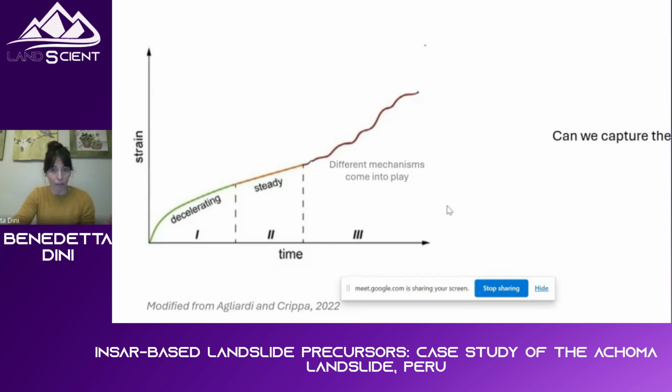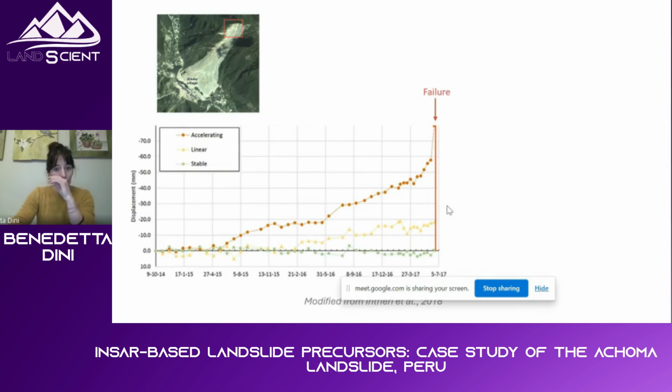This is the question. When I see time series from InSAR, I always ask myself whether we are looking at real displacement rates, or something that looks real but maybe is underestimated. I got inspiration a few years ago from an article by Intrieri and his colleagues.